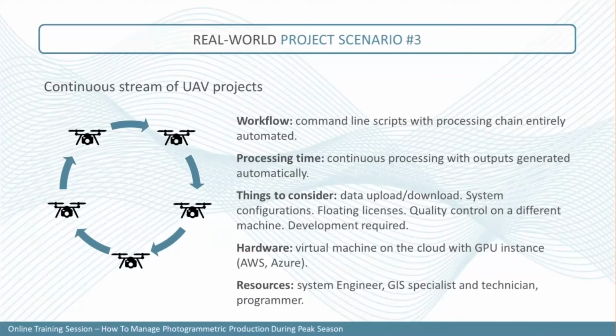The system configuration may involve having access to a floating license, which means that there's always more than one license that's going to run the script, and also you can do the quality control on different machines if you have access to floating options.